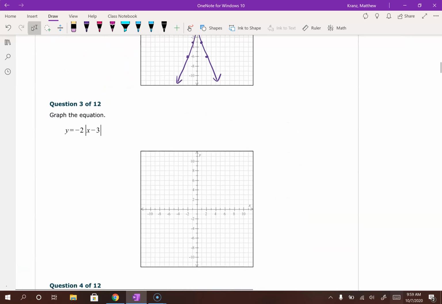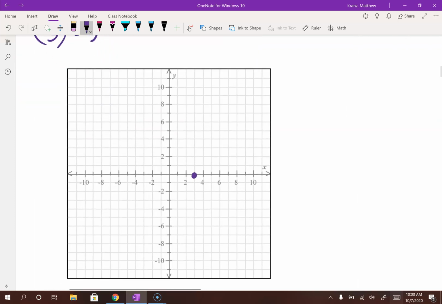All right, this one has a transformation, or a translation, to the x coordinate of our vertex. And remember, we do whatever the opposite is. So if this is -3, that means our vertex is now 3, 0. So I go to 3, 0, which is right there. Now, our slope on the right is -2 over 1.